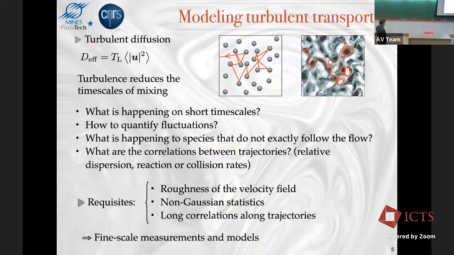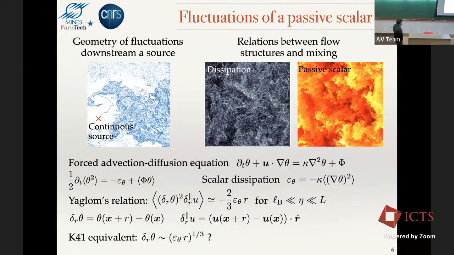Okay. So now let me move a bit forward. Let's try to understand what can be said about the fluctuations of the scalar. I'm going back to the advection diffusion equation, this time with forcing.